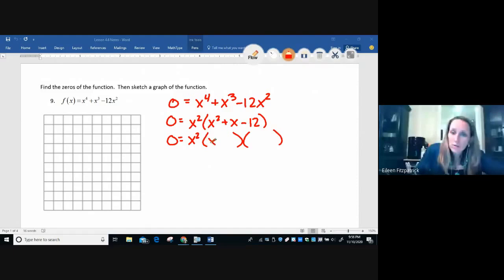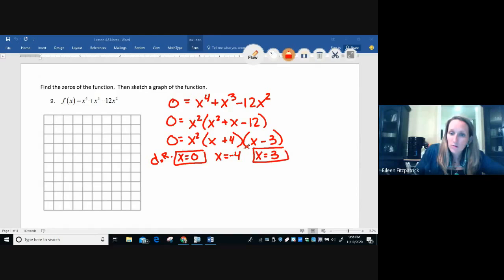What are 2 numbers that multiply to -12 that add to a positive 1? It's going to be a positive 4 and a -3. Okay, so I have x equals 0, and that's a double root, x equals -4, and x equals 3.